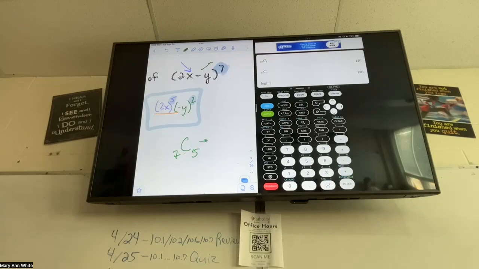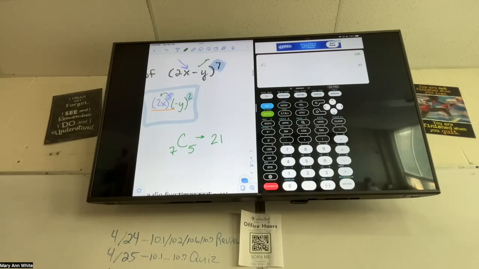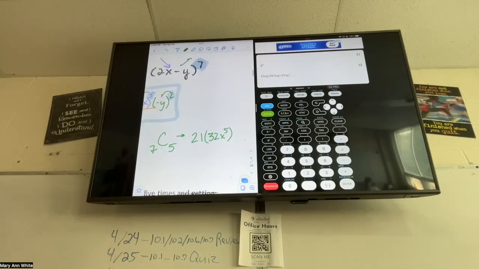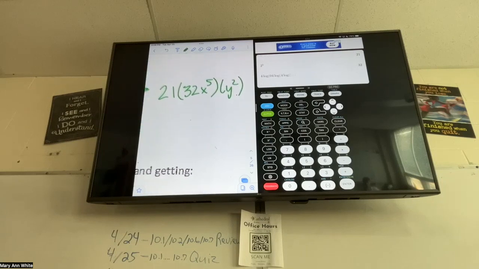Now 7C5 is going to be 21. And we need to do 2x to the 5th. So I need to do 2 to the 5th, which is 32. And I need to make sure I square that negative y, and that's just going to become a positive y squared.